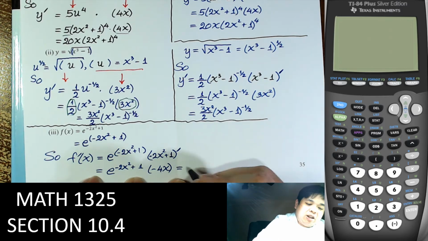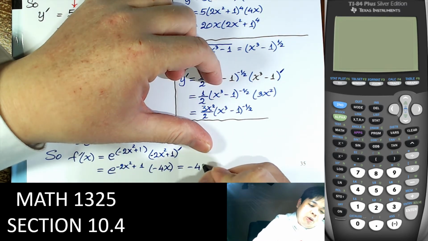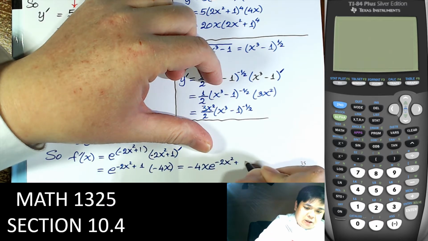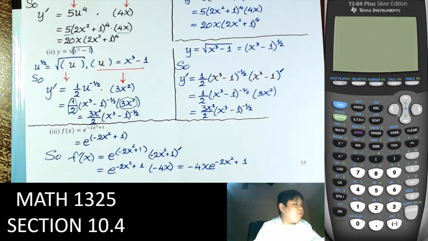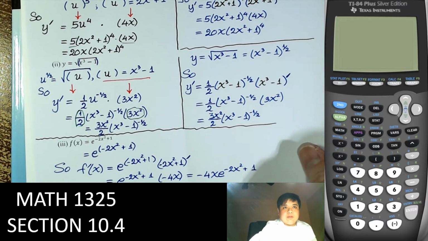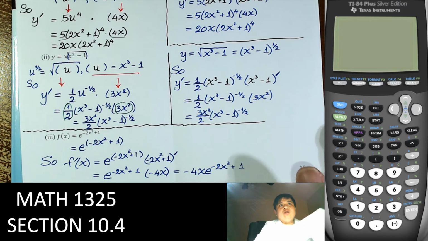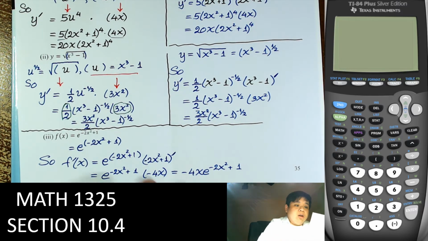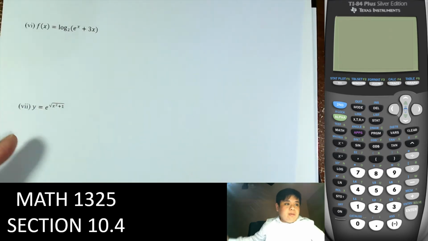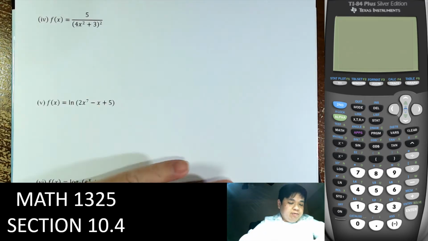If we write that in front of the e, we don't really need the parentheses. So that's what we have. I recommend doing the problem like this without writing the intermediate variable.